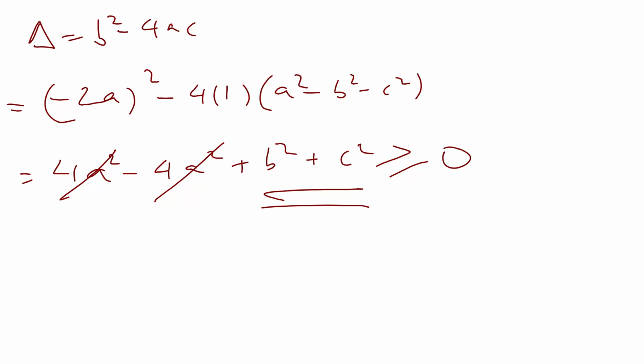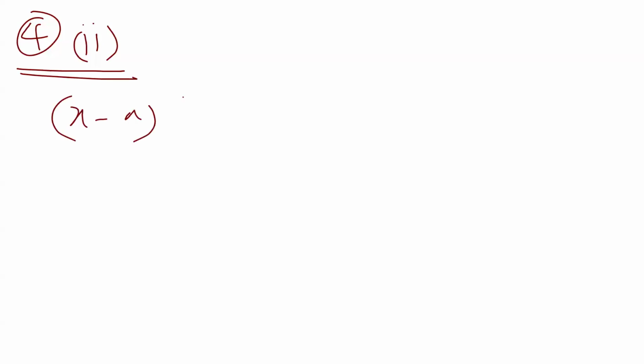4 sub question 2. Show that the roots are always real. Okay. So (x minus a)(x minus b) equals ab x square.